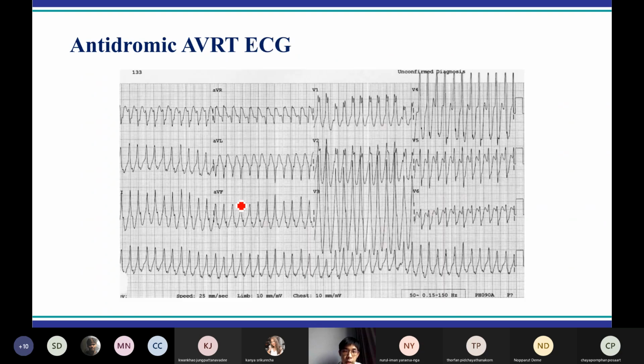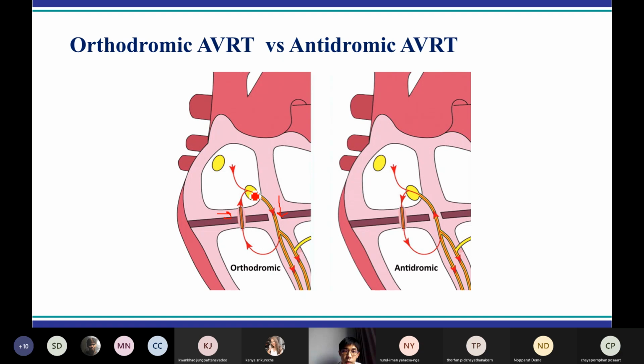We use the normal AV nodal conduction as the anterograde limb, and the retrograde limb is the accessory pathway. And this would result in a narrow complex QRS.